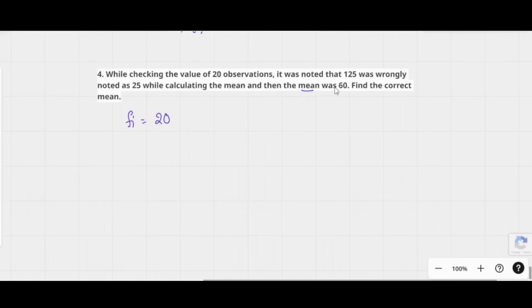And it was noted that 125 was wrongly noted as 25 while calculating the mean, and then the mean was 60. Now we have to find the correct mean.